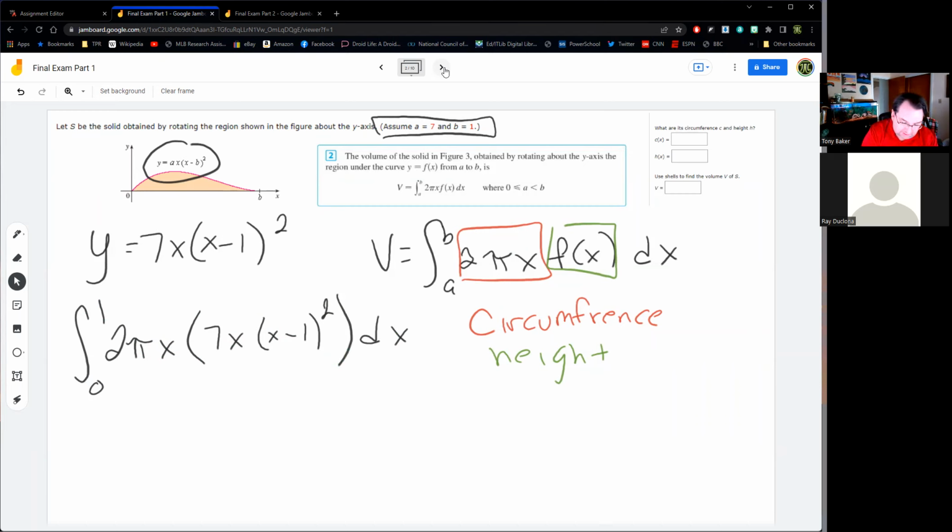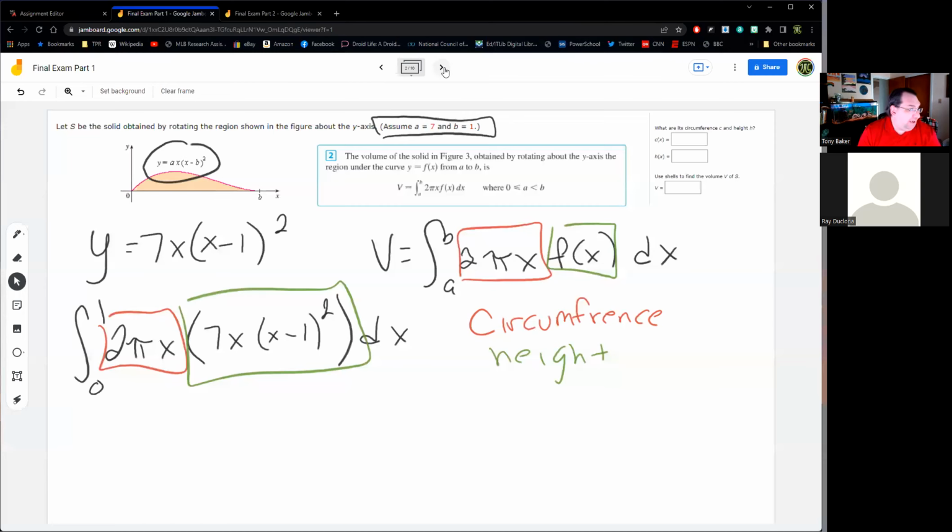Circumference, height. Basically, when they're asking those two questions, they're asking just to make sure you understood what the circumference and the height were, because we're dealing with the cylinder method for this one.